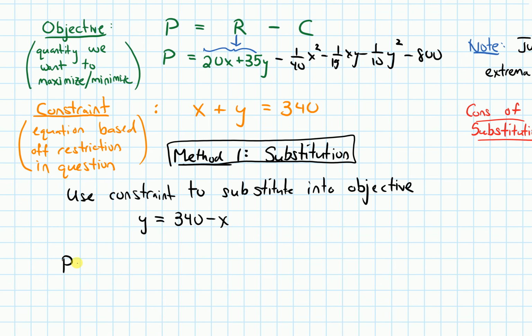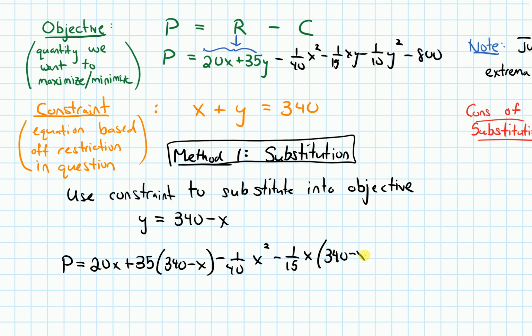So I'll get profit equals 20x plus 35y, but y is 340 minus x, minus 1/40th x squared, minus 1/15th times x, times y, which is 340 minus x, and then minus 1/10 y squared, where y is 340 minus x again, and then minus that 800 at the end. So the nice part about this is we've incorporated this constraint into our function by substituting it in, and we've eliminated one of the variables, which is nice because now we have one fewer variable.